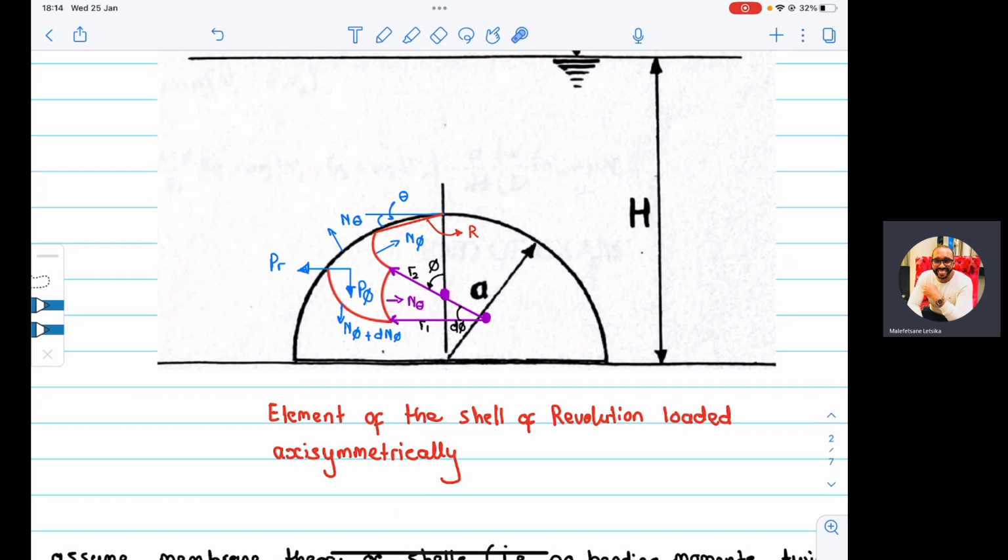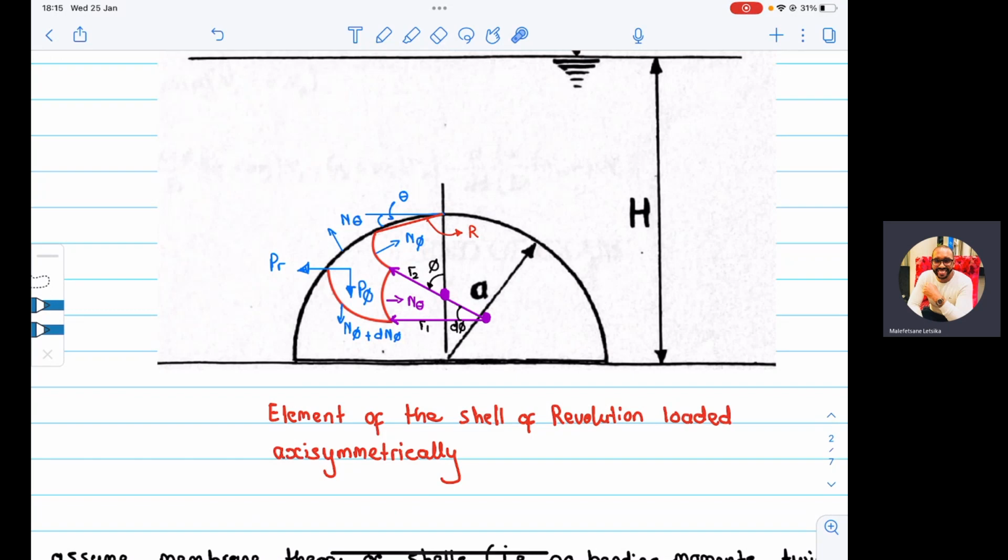As you go up, the radius of the hula hoop or circles gets smaller and smaller. Just a note to make, this hoop stress as you go around, keeping your height the same, does not change. But as you go up, it increases until it gets to maximum point, which is here at the apex or at the top. That's where you have maximum hoop stress.